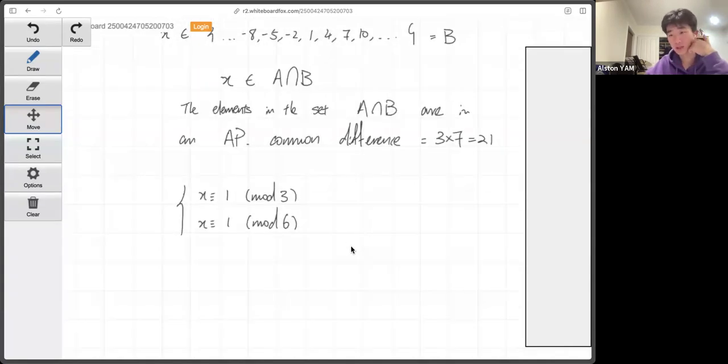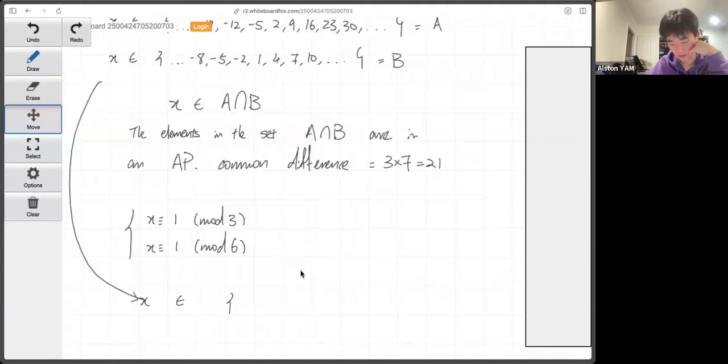If we have a look at the sets here, x must belong in the set. We start off with the 1 mod 3 set, which is the same one as above: negative 8, negative 5, negative 2, 1, 4, 7, 10, and so on, and it also goes on the other way.